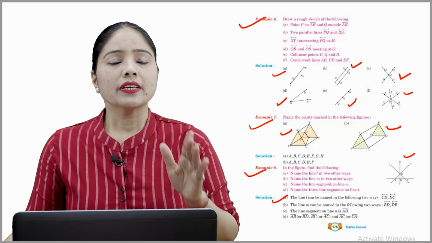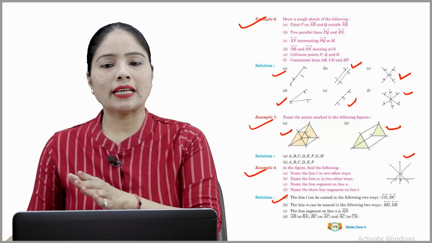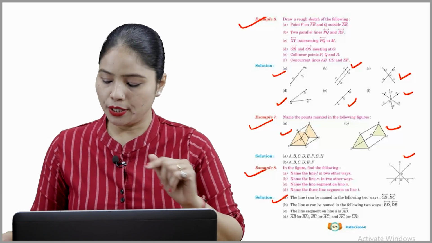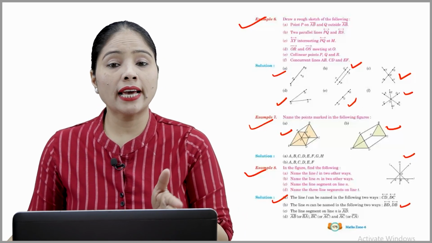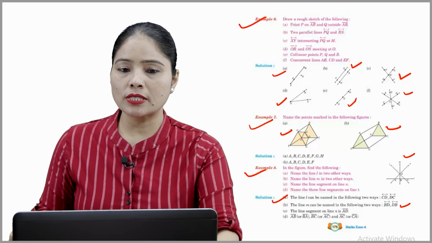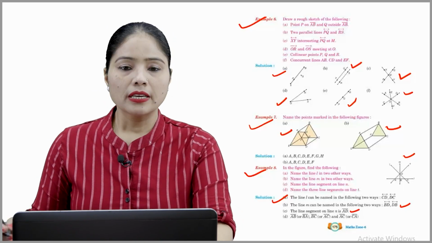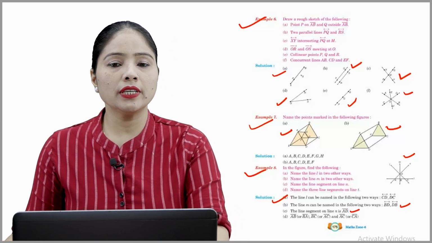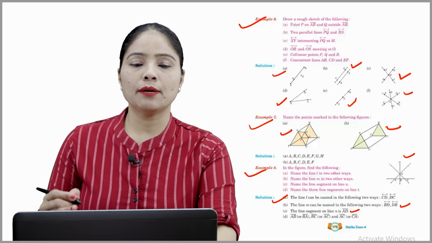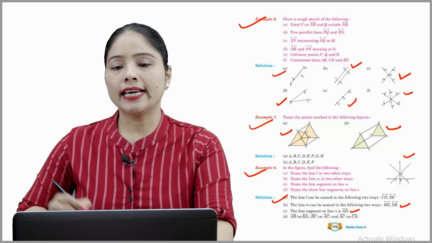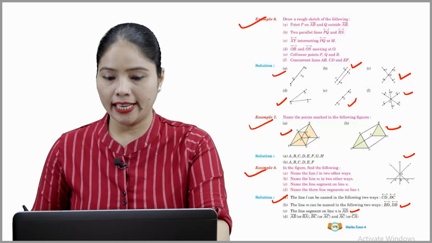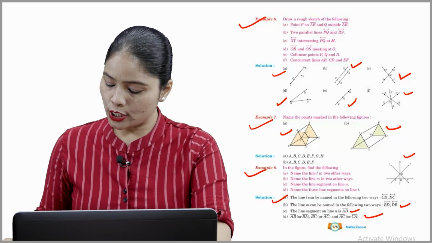B part is name the line M in two other ways: BD and DB. Third one is name the line segment on line N. So which line segment do we have on N? AD. And fourth, beta, name the three line segments on line L. These are AB, which is BA, BC, and AC, which we can say is CA. Okay, I hope you understood well.